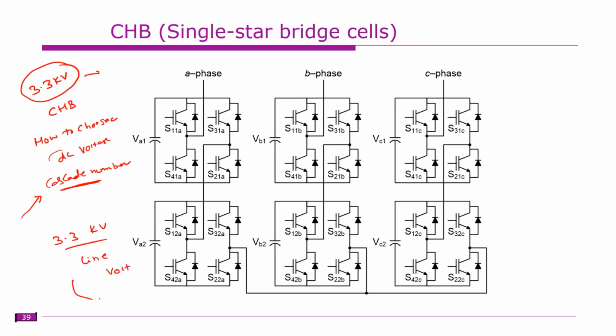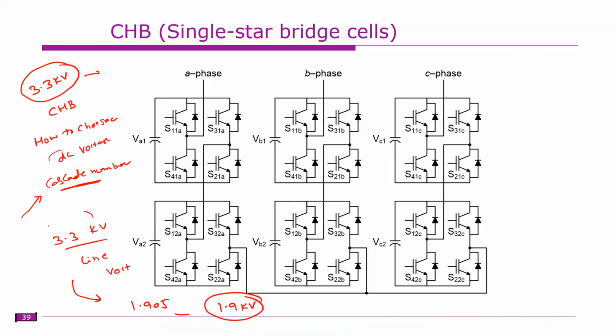If this is the line voltage RMS, what will be the phase voltage in case of star connection? It is 1.905, roughly 1.9 kV.